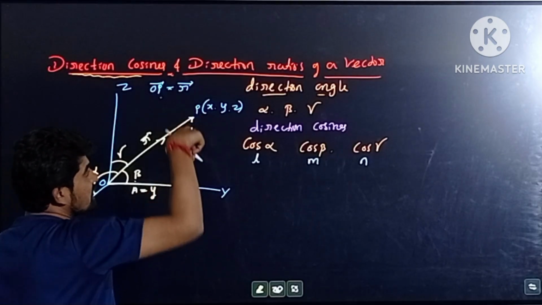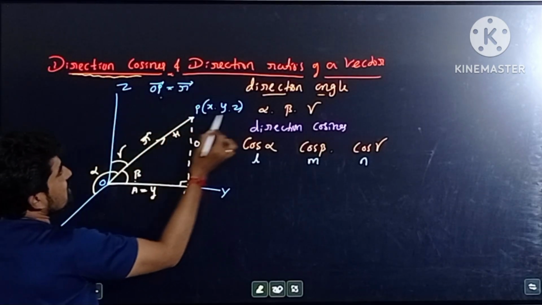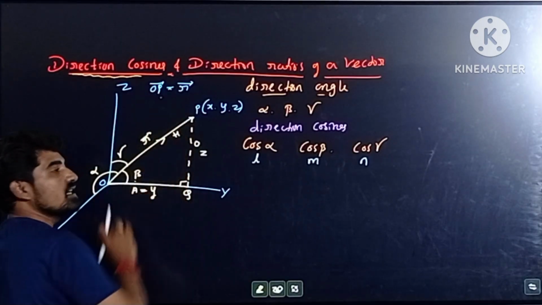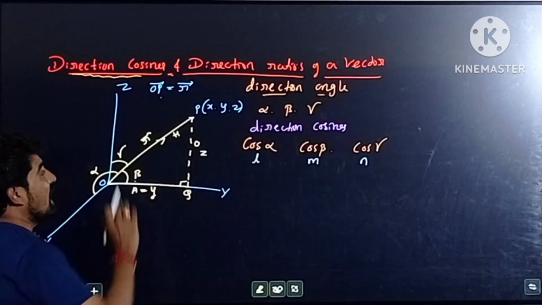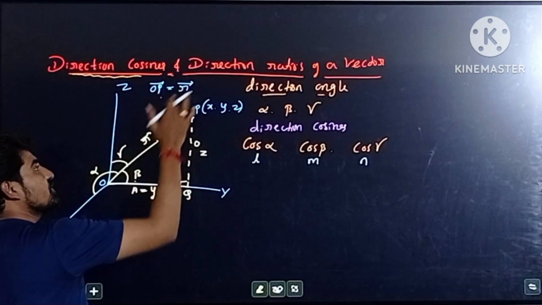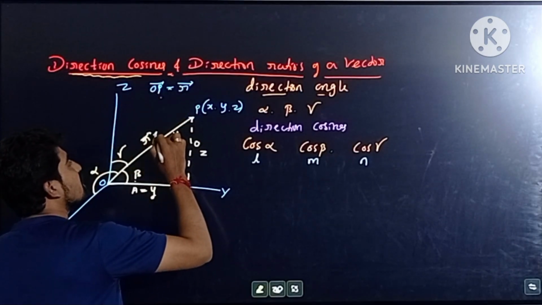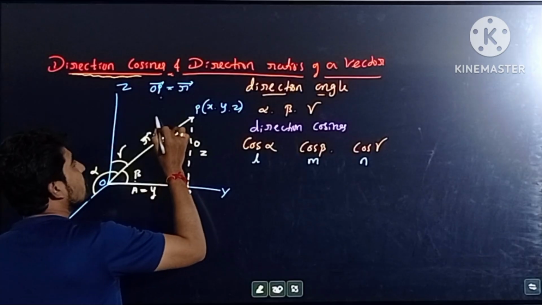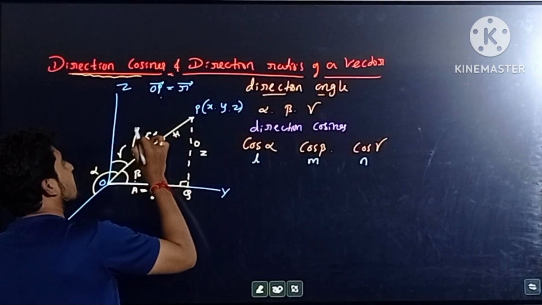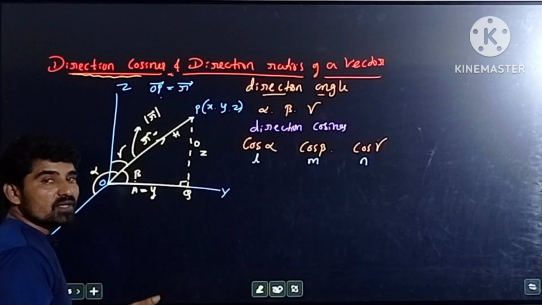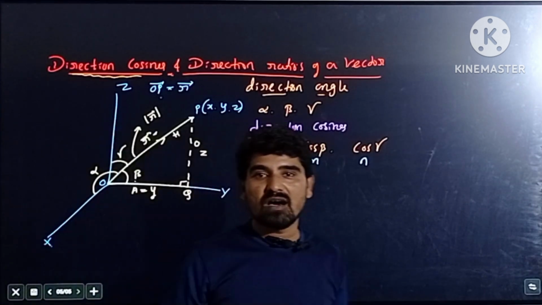And the opposite side is along the z axis, therefore its coordinate is z. As you know, OP is the hypotenuse of the triangle and it is defined by the vector r, and hence its length is equal to the magnitude of the r vector. Magnitude represents the length of the vector.